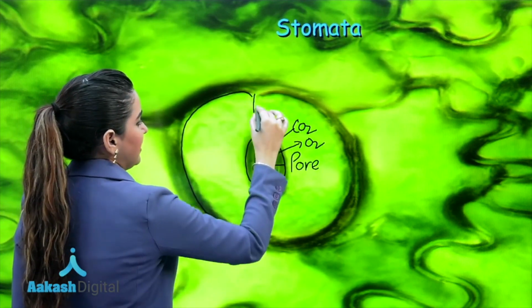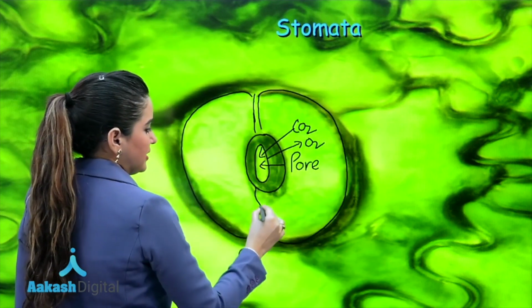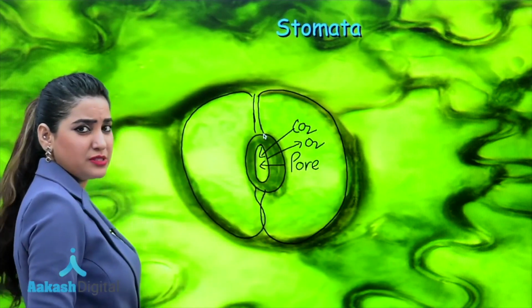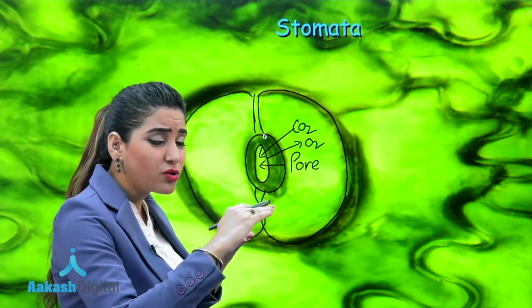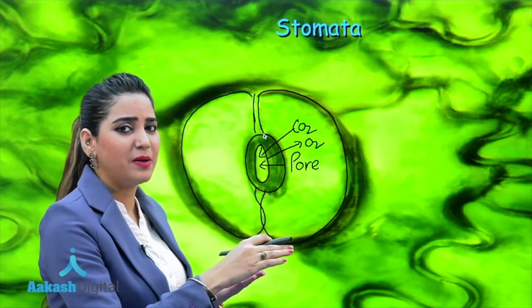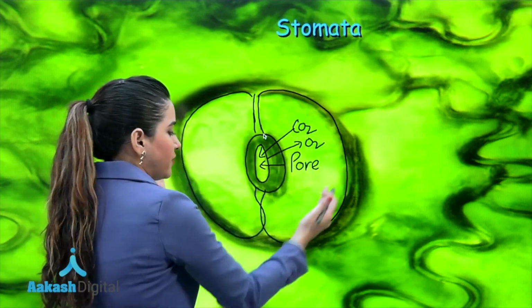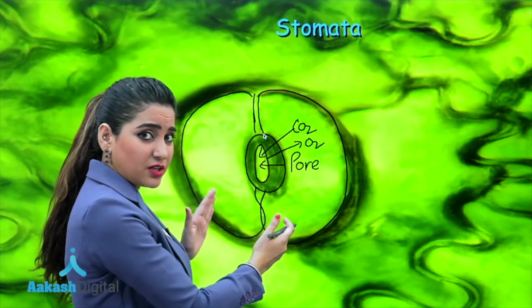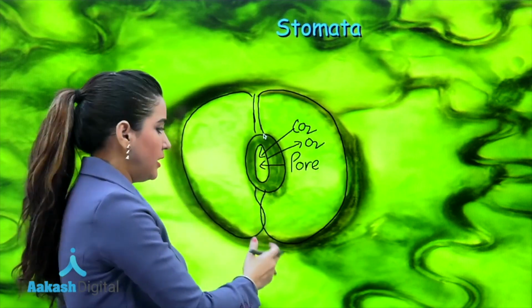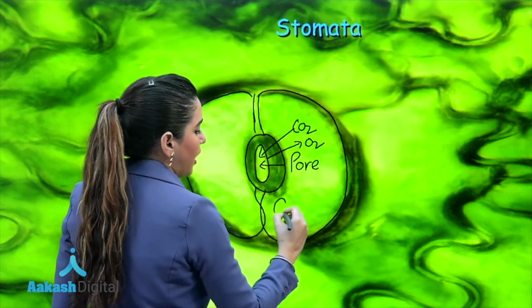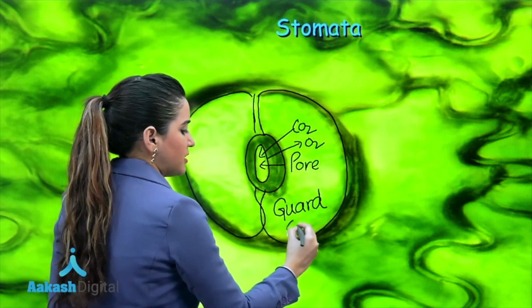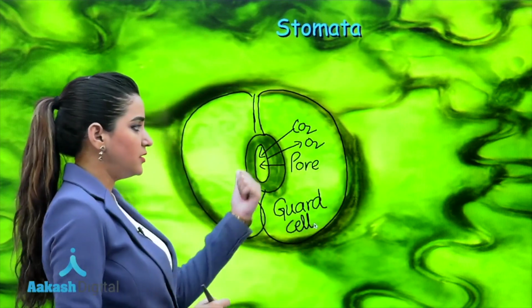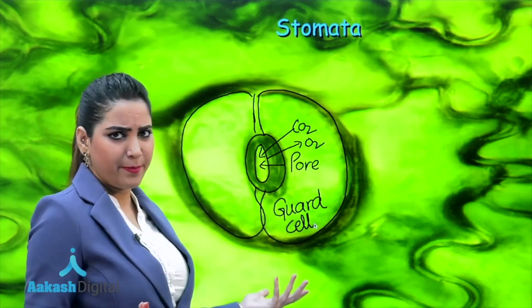The adjacent cell. The adjacent cell, my dear students, is basically an epidermal cell, because we said the epidermis is not continuous everywhere. Somewhere it will be interrupted by pores, but the cells present in close contact with it are guard cells. The name is given right, guard cells. They are going to guard this pore, and guard cells are epidermal cells.